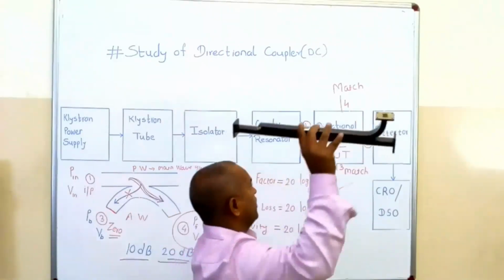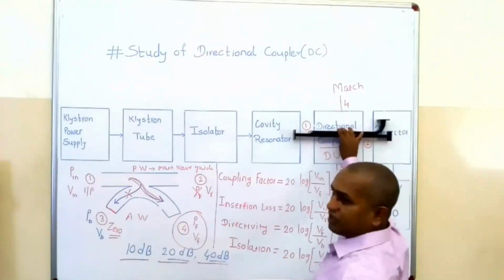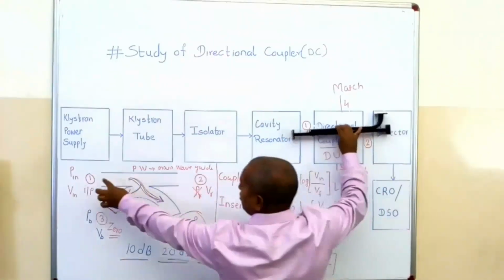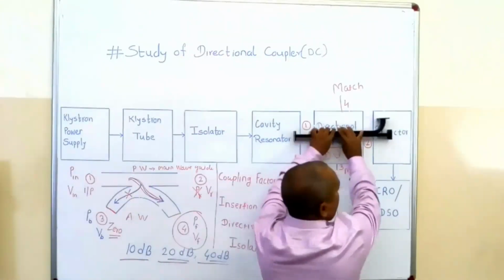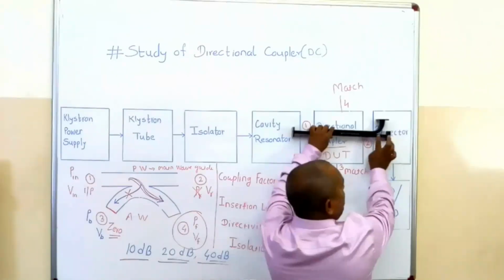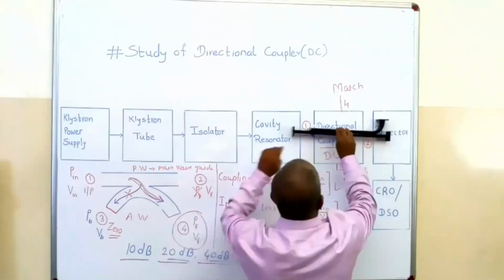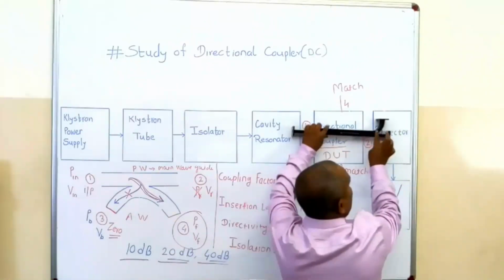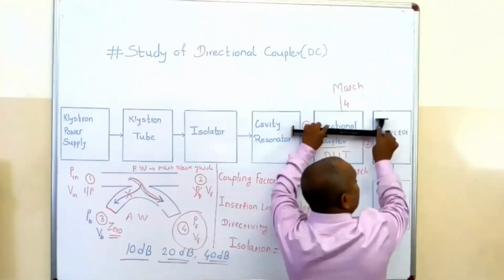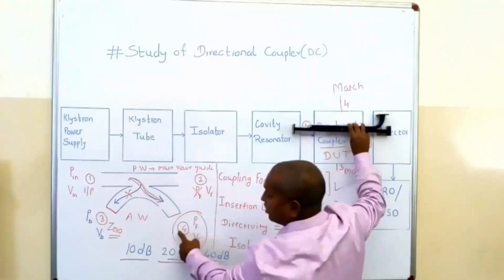Look here. If I place my directional coupler like this, this is my input port, this port. This is my output port of the primary waveguide, this port, and this is my coupling port, the output of the secondary or auxiliary waveguide, this port.